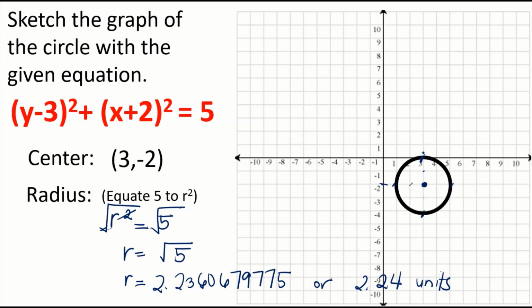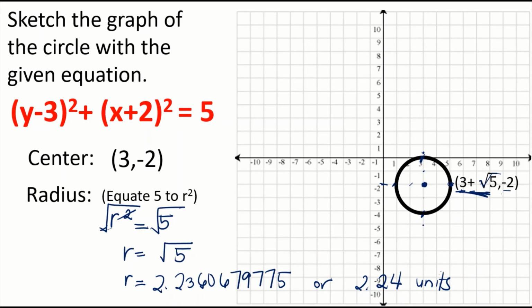Okay? So kapag meron tayong circle na meron tayong square root, we are going to add square root of 5 mula doon sa radius, doon sa ating center, sa value ng x and value ng y. Okay, so the first point na meron tayo kay circle, we have 3 plus square root of 5. Okay, so itong point na to is 3 plus square root of 5 tapos negative 2.